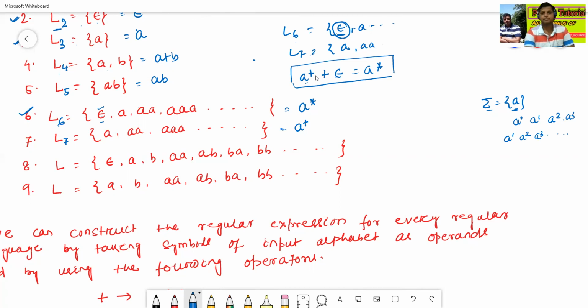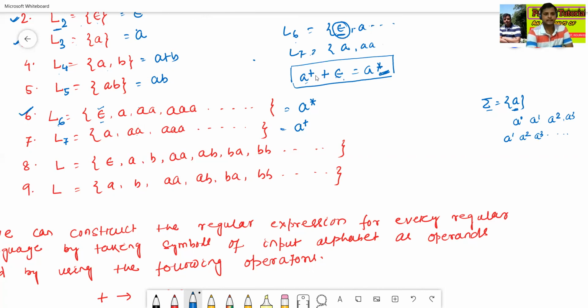That means a plus contains all combinations of a except epsilon. So if we include epsilon in a plus, it is nothing but a star.